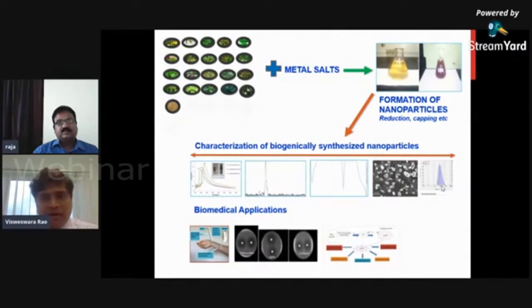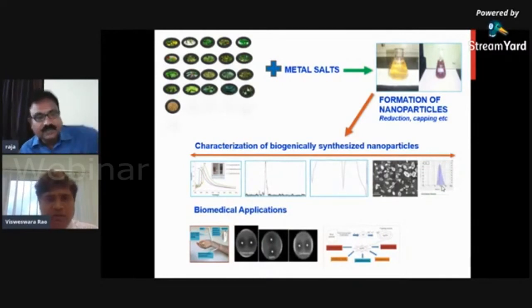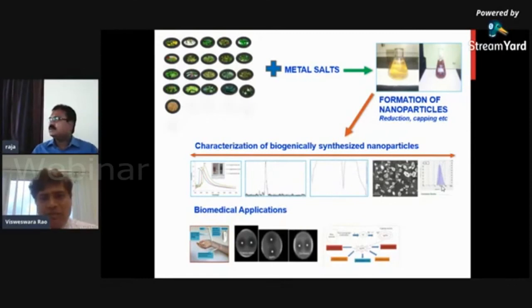It is not only silver nitrate, it can be auric chloride or anything else, even zinc oxide nanoparticles. It depends on the design of the experiment, what the researcher or principal investigator wants to explore. Finally, we can go for biomedical or biological applications, which can be anti-diabetic, antimicrobial, anti-cancer, or whatever.